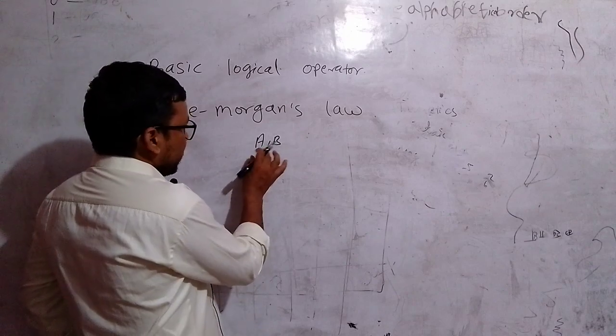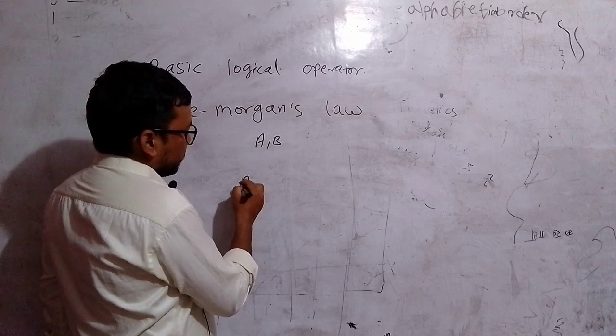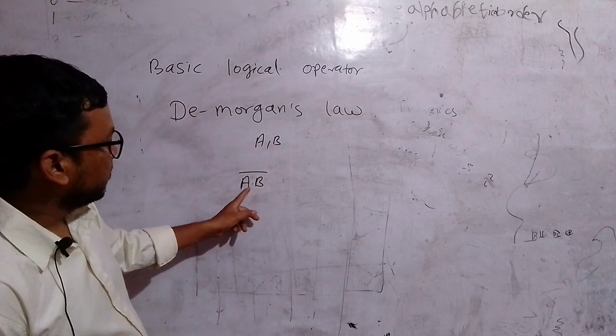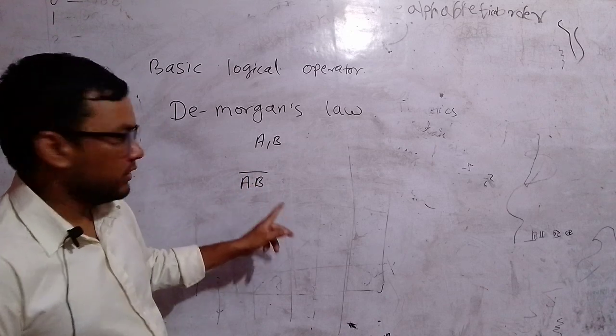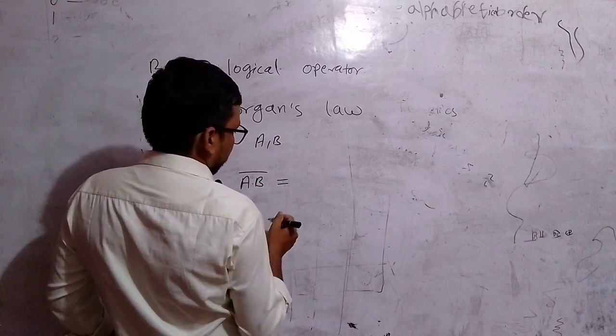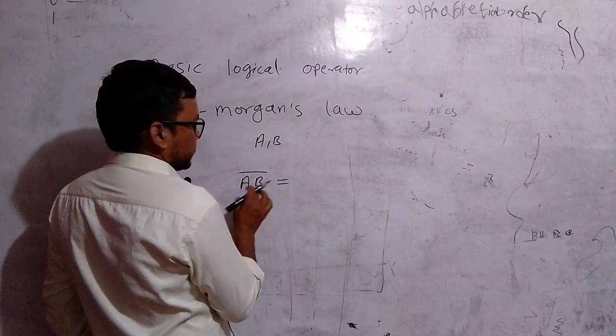Now the complement of the product of all terms, which are A and B, where product means the AND operator, is equal to the sum of the complement of each term.